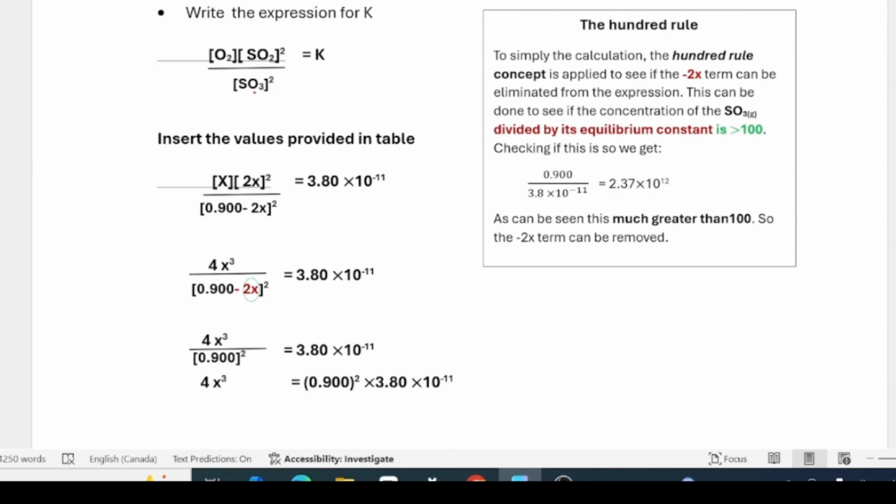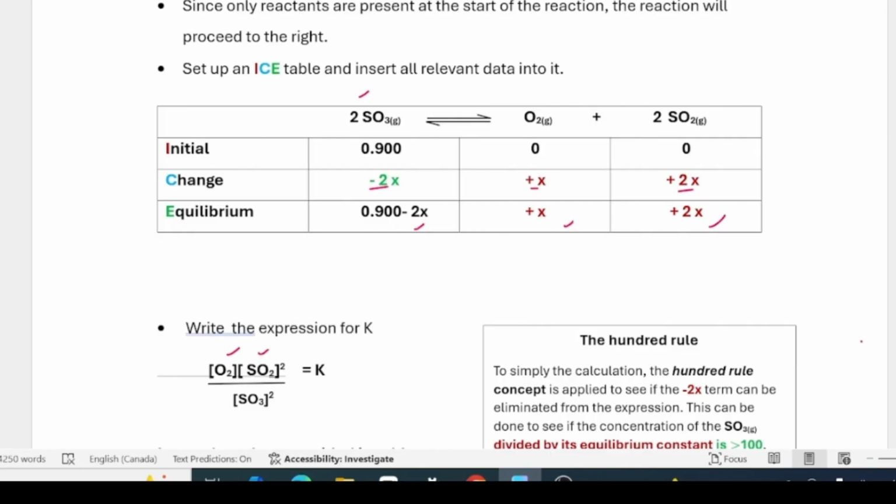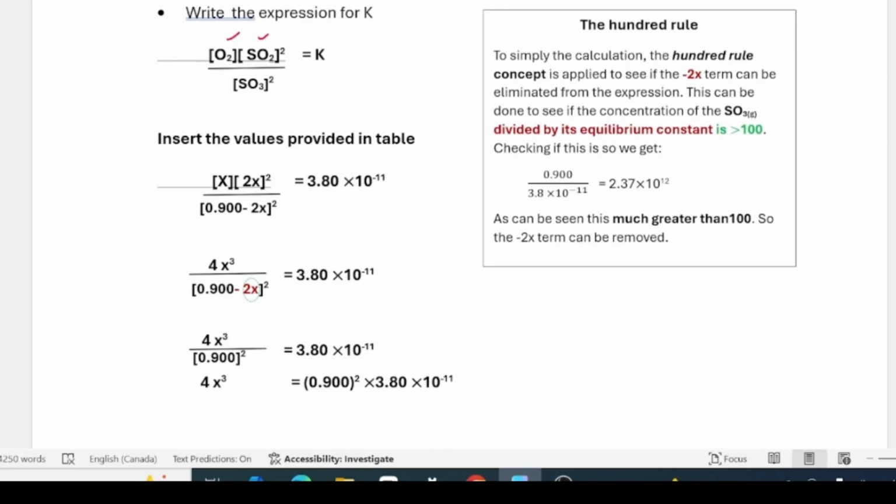Again, we set up our K expression, that times this to the exponent 2 divided by sulfur trioxide to the exponent 2. Insert these values here as the equilibrium concentrations and equate those with the equilibrium constant, which is this. When you do the math up here, it becomes 4x cubed.